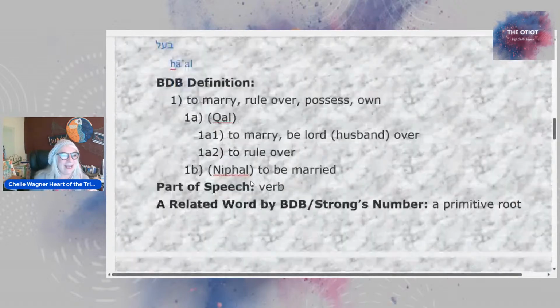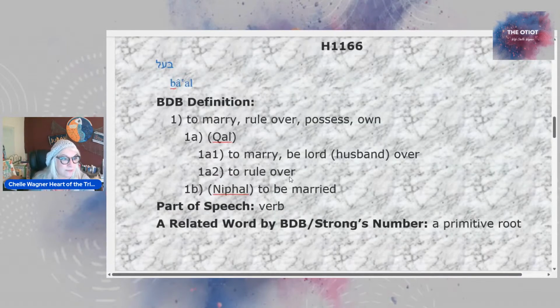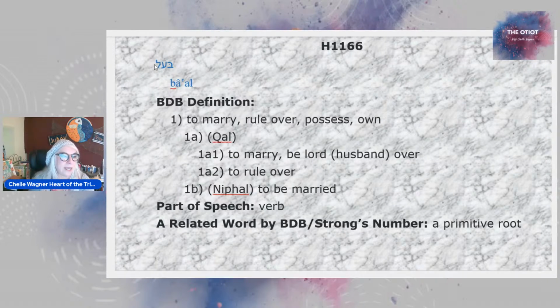Yep. All righty. So it is a primitive root. So we got to the primitive root here. Okay. So I'm always trying to get to the primitive root. And when I'm looking at primitive roots, I am always looking at it as a chiastic type thing. Okay. If I look at it from a chiastic pattern, it means I'm trying to find the heart.